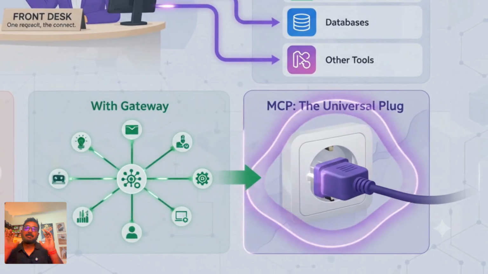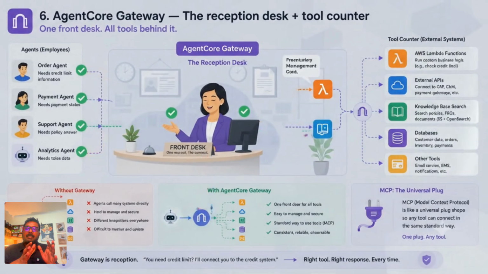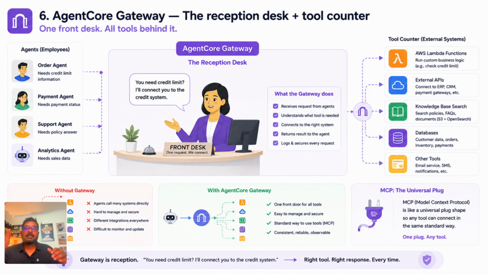So think of it as a middleman, right? It understands the input and it understands what would be needed to process it and connects them together. That's what a gateway is. Correct? If the gateway were not there, you would have to do one-to-many or many-to-many mapping. You have to connect the order agent with the whole list of Lambdas that it would need.